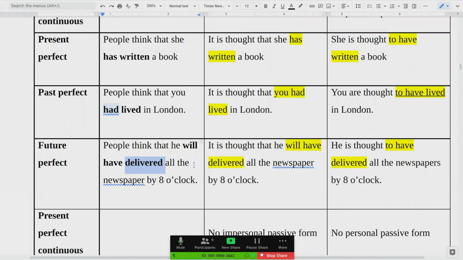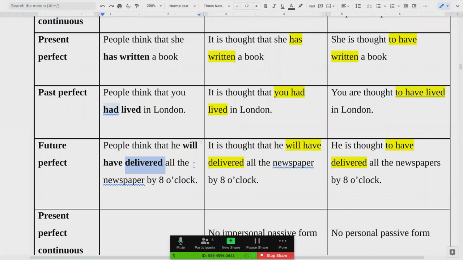People think that he will have delivered all the newspapers by 8 o'clock буюу тэр 8 цаг гэхэд бүх сонингоо хүргээд өгсөн байх болно гэж хүмүүс боддог.